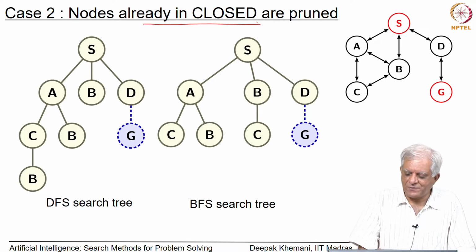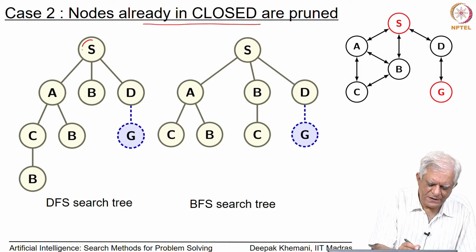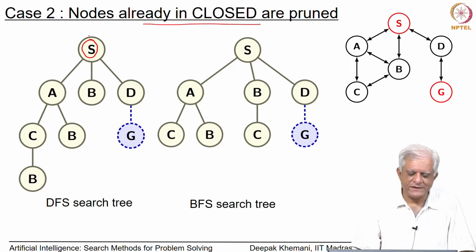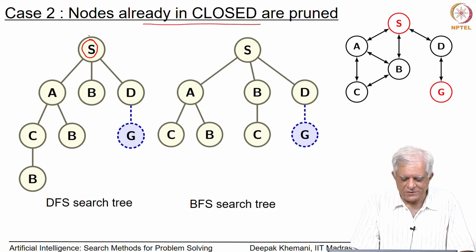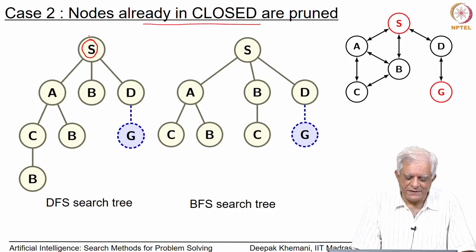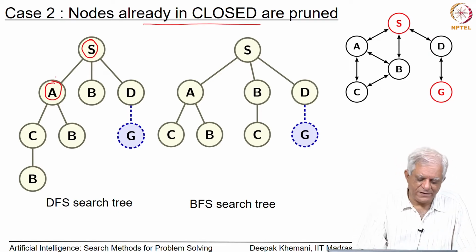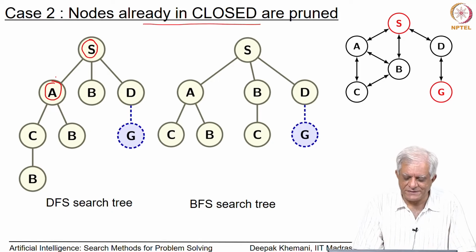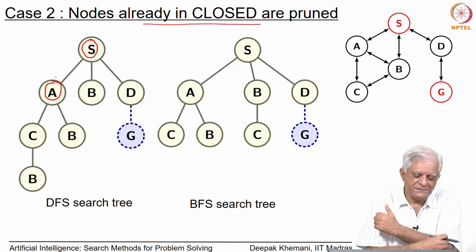Let us follow the progress of these two algorithms, and we will put a double circle to stand for the fact that a node has been put in closed. First, of course, we inspect node S and generate its children A, B, D. Then we look at node A, and this is true in both cases, depth first search and breadth first search, but from here onwards the algorithm differs.